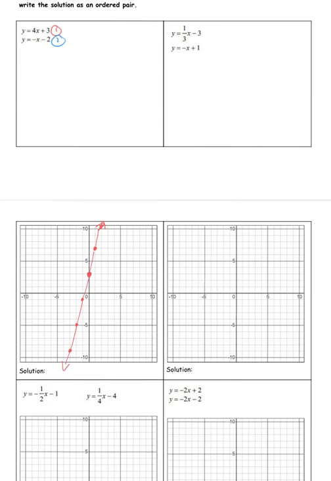Now let's take a look at our second graph. So we have -x minus 2. I'm going to start at -2 on my y-axis. My slope is -1. So I'm going to go up 1 to the left 1, up 1 to the left 1.